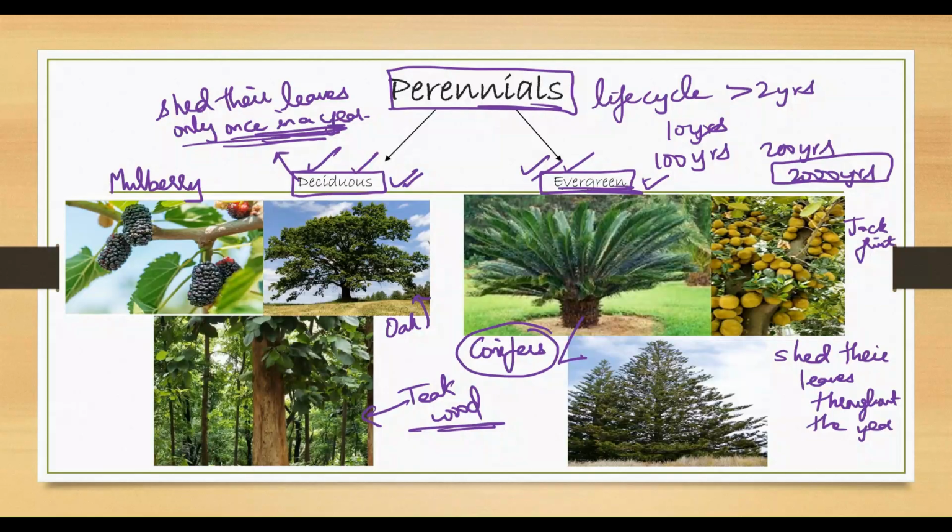Okay, so in today's class, I have just introduced you to the term classification, why we need classification, what is the importance of classification, and who was given the credit for the first classification of living organisms into plants and animals, and what is the first system of classification, where we studied about artificial system of classification using the examples of plants.